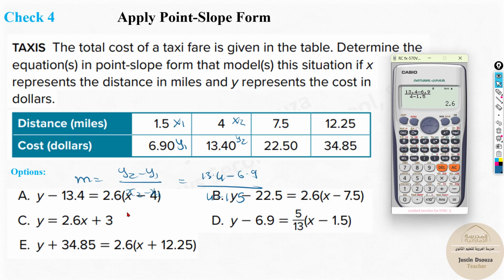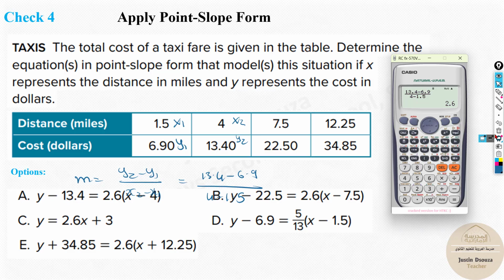So the slope value is 2.6. Your options, that's a good thing, you can eliminate answers. Usually you can eliminate many answers, but in this case that's not so. You got the answer 2.6, well and good. A, B, C, and E are the possible answers.